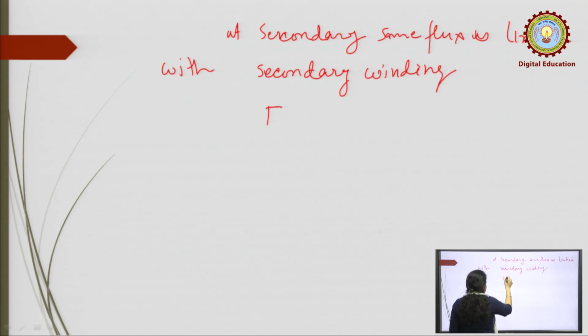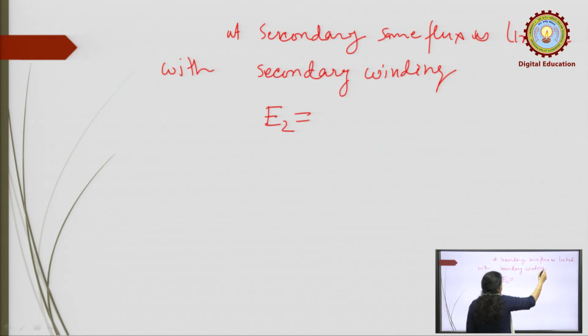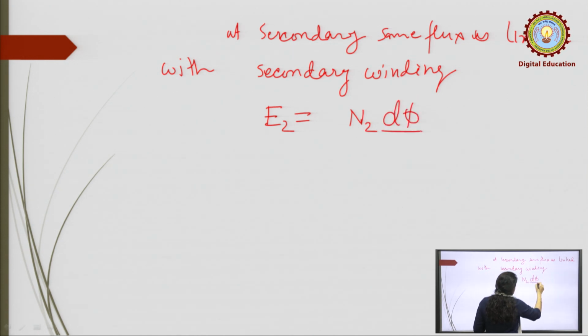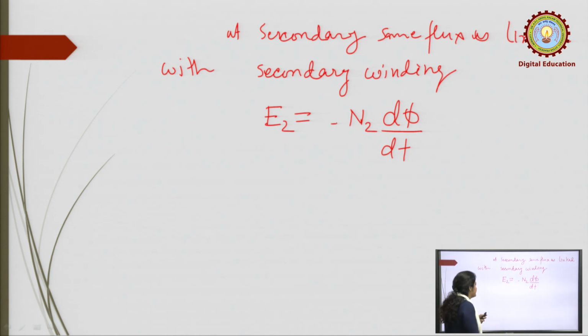So, E2 can be represented as, and in the secondary winding there are N2 turns. So, according to Faraday's law it becomes like this, with a negative sign.